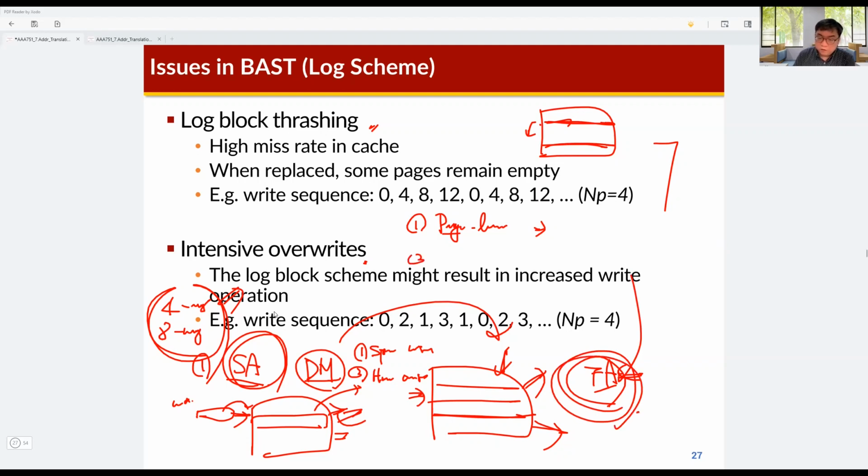But we don't need to apply the page level mapping to all kinds of accesses to storage, because the accesses to storage are composed of sequential accesses and random accesses. Every access to the storage devices is composed of these two types of requests.